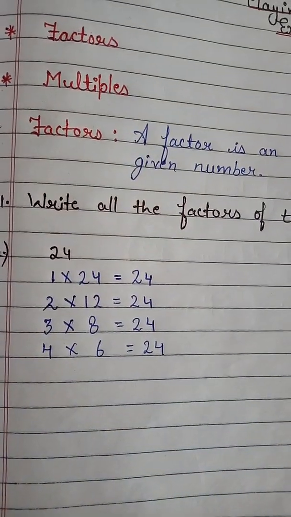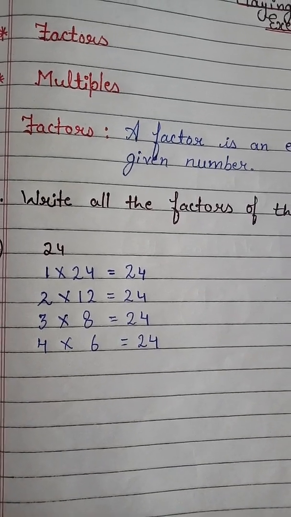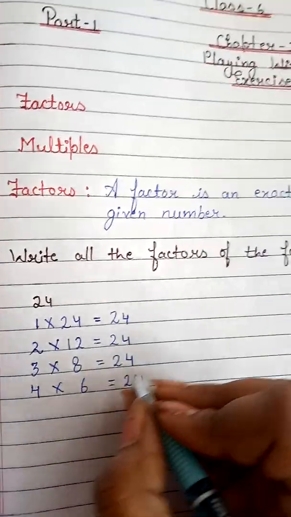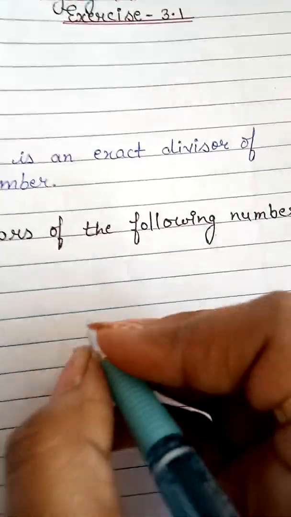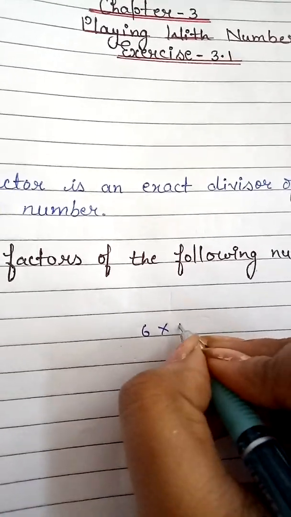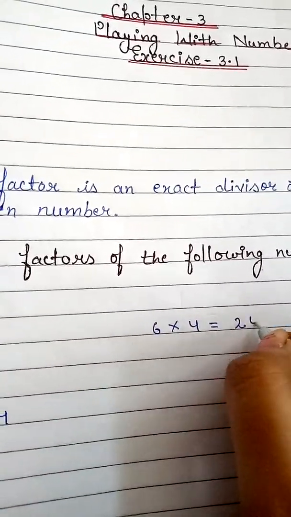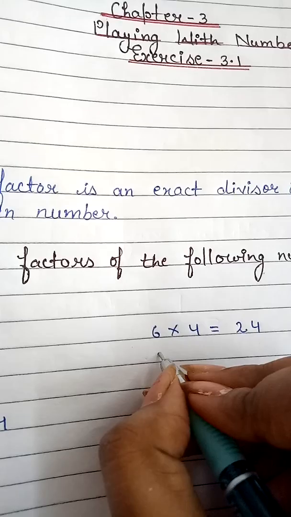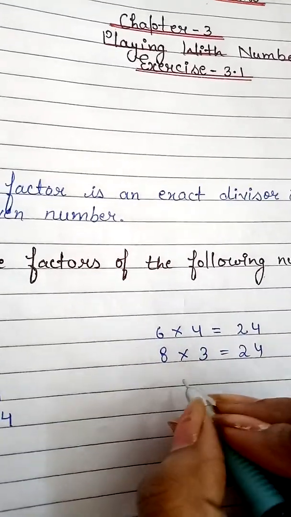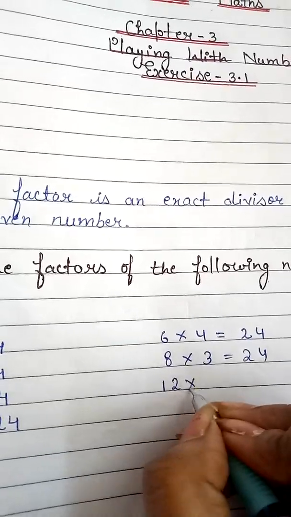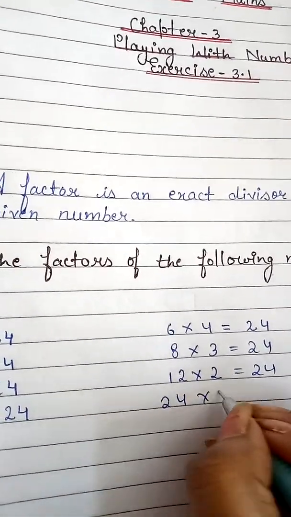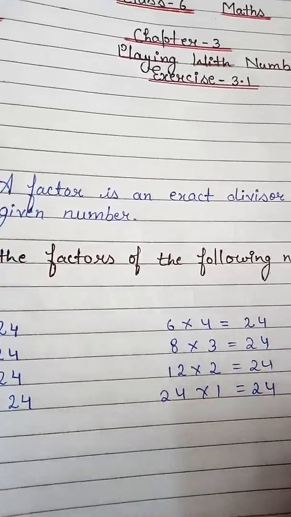Now if we move forward, we know that 6 fours are 24, and 8 threes are 24. Then 12 twos are 24, and also 24 multiplied by 1 is 24.